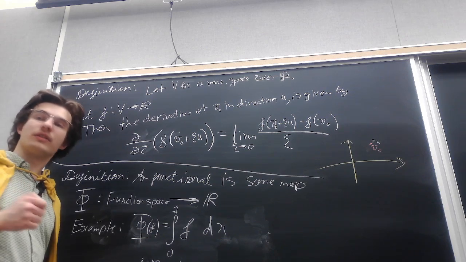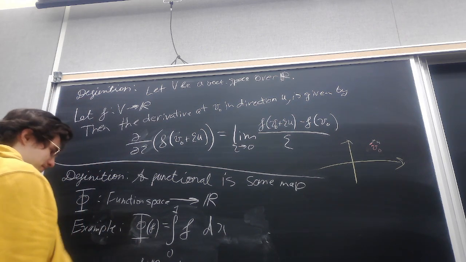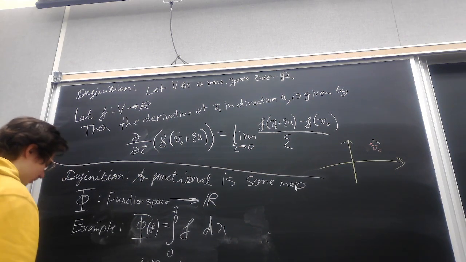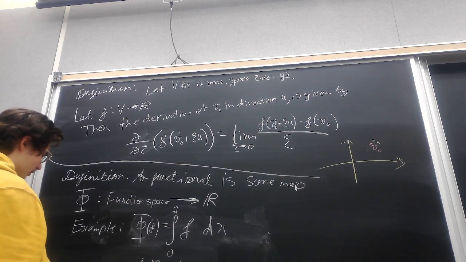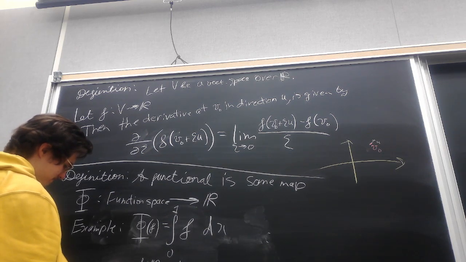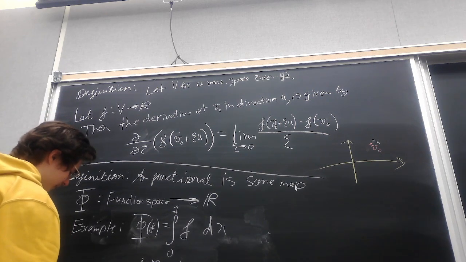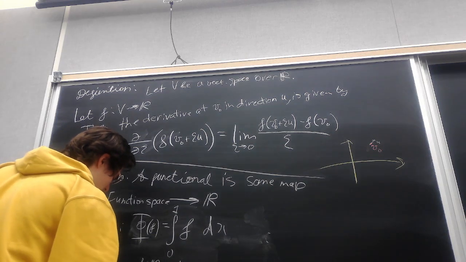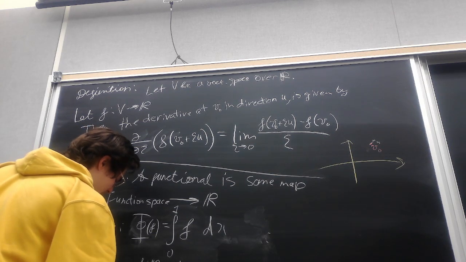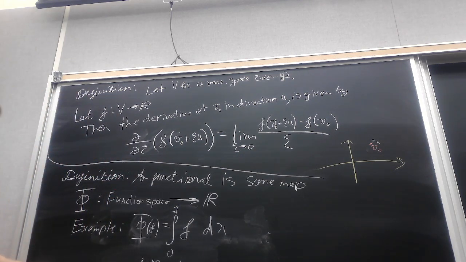In fact, there's another thing you could define. Choose some function g, and define the following functional, which is the integral from some bound to some bound of f times g bar. This would be a functional.